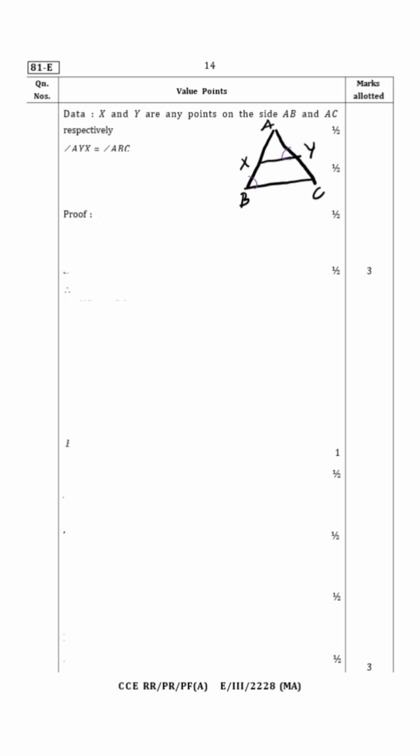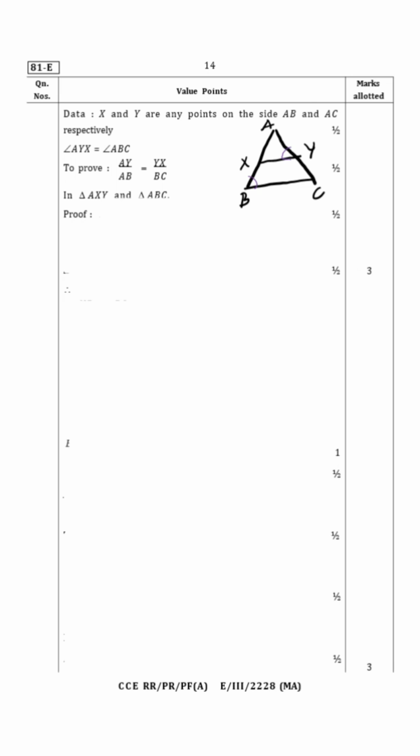What is to prove? AY by AB is equal to YX by BC. Now what is the proof?